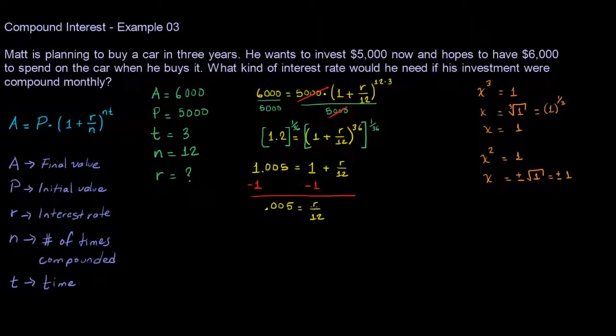Now I have to multiply by 12 on both sides of the equation, so it will be times 12 to cancel out this one, and on the left, multiplying by 12 again.